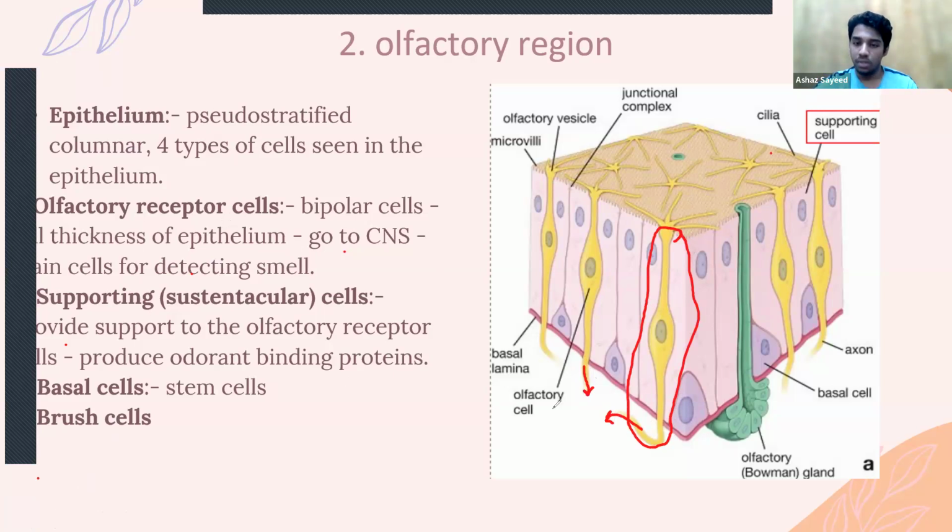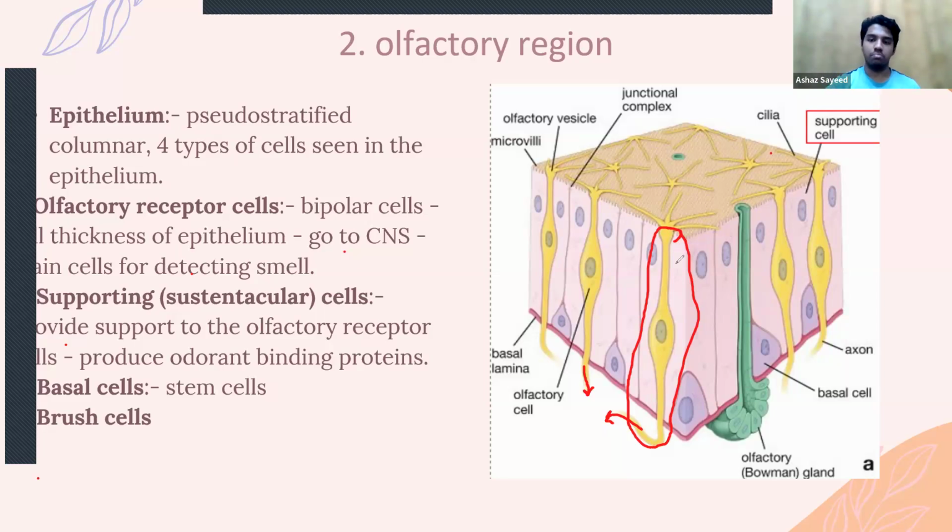Then you have something called supporting cells. Right here, just surrounding the olfactory receptor cell, you have the supporting cells, and they provide support to the receptor cells. For example, say you have some particles which have a smell. These supporting cells produce proteins which bind onto the odorant.